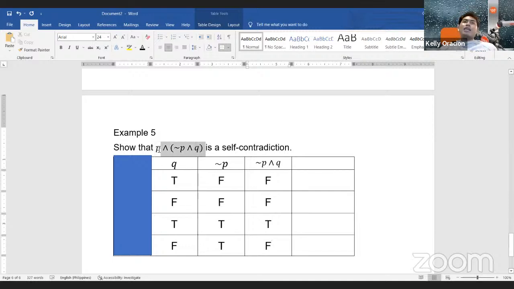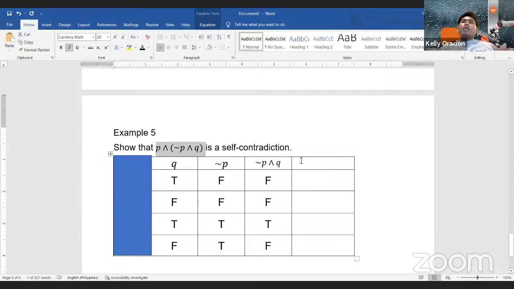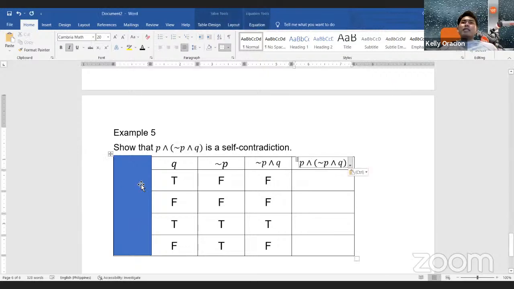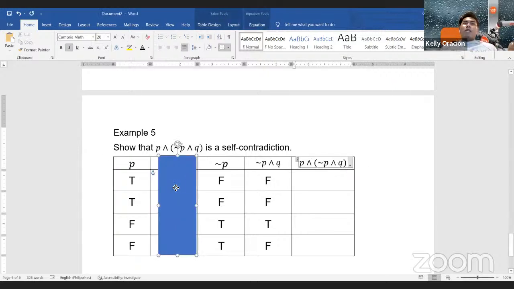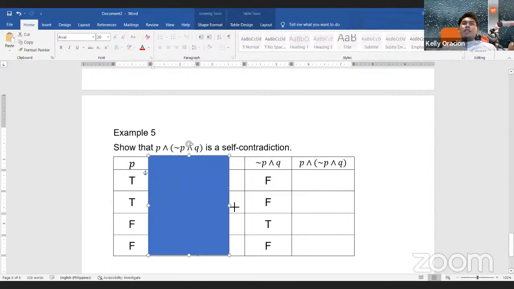And lastly, to determine the truth value of this statement, the connective used to combine these statements is and. It's a conjunction, an inverted V symbol. Please recall your table about the truth values of the conjunction.